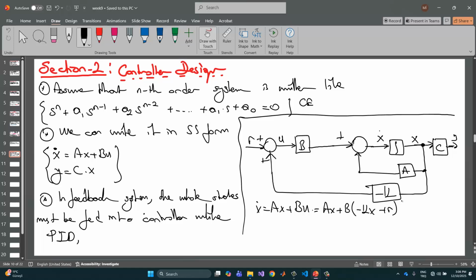Professor, just a small question. Why are we using the reference r instead of u? Because if we cannot define the reference signal, what's our purpose? This is the reference tracking controller. Otherwise, we only stabilize the system.